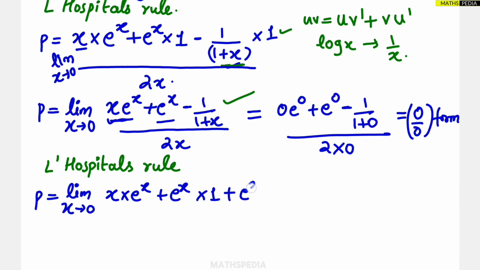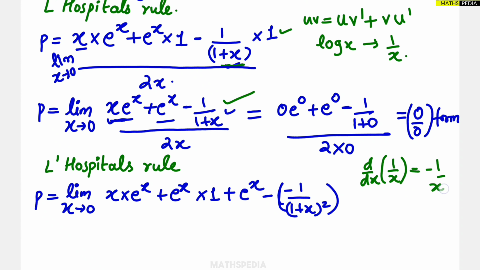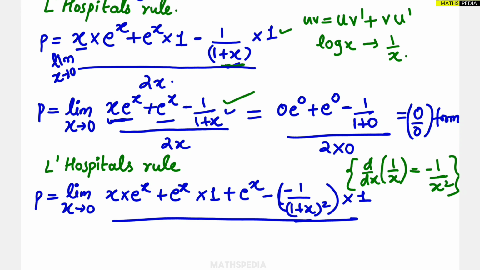Then for 1 by 1 plus x, the differentiation is minus 1 by 1 plus x whole square. We have studied that differentiation of 1 by x is minus 1 by x square, which you have to remember. The denominator 2x differentiation is 2.